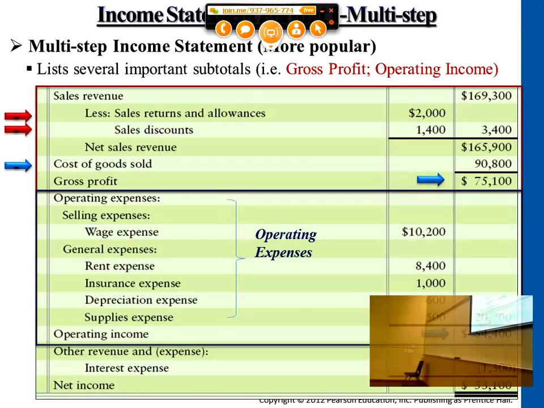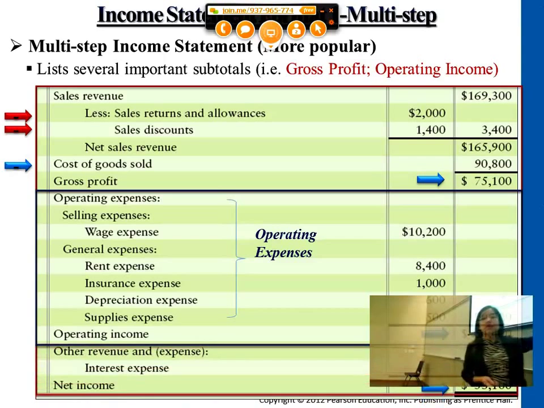Okay, in the next few slides, I'll define what operating expenses are and what the differences are between selling and general. Right? For this slide, you just need to know the general structure of the income statement. So operating income considers all the major expenses after gross profit. After you subtract all the major expenses, then you get the second subtotal, the blue arrow there, operating income, $54,400. Then there's another section, other revenues and expenses.